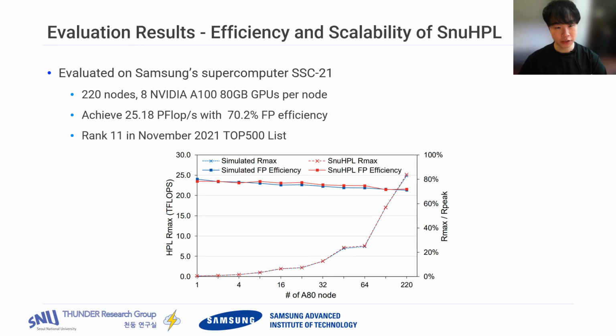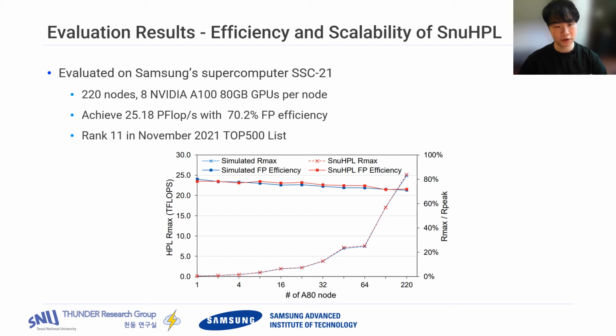We first evaluate SnuHPL on Samsung's supercomputer SSC21, which consists of 220 nodes and 8 NVIDIA A100 80GB GPUs per node. SnuHPL achieved 25.18 petaflops with 70.2% floating point efficiency.